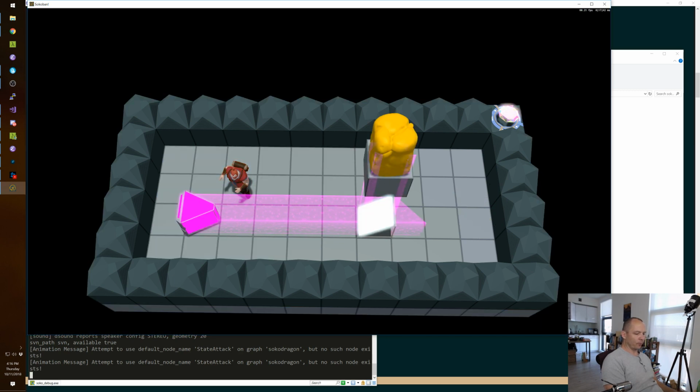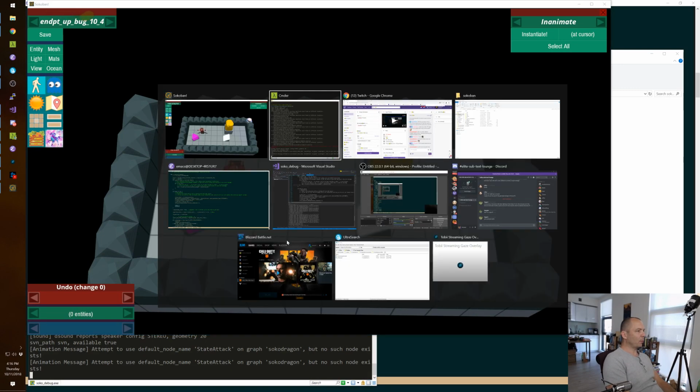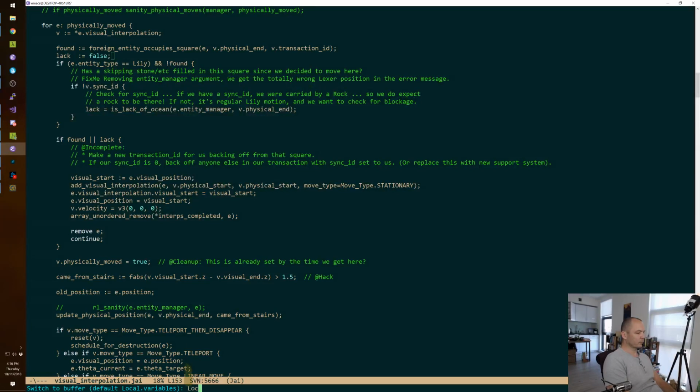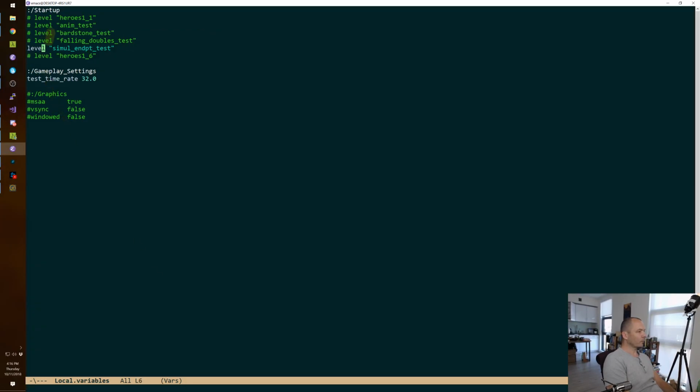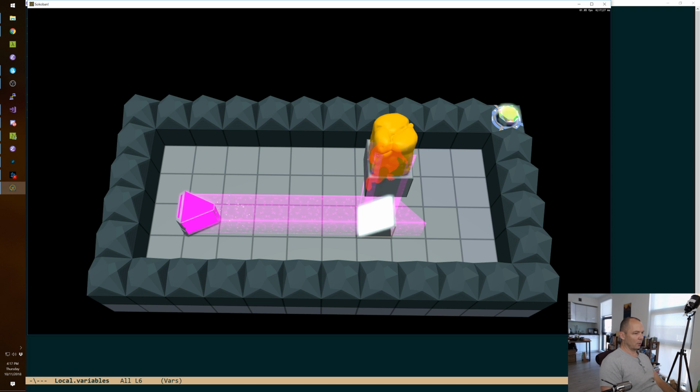Let's go in order. So this one is endpoint bug 10.4. Okay, and the endpoint is not considered blocked, very strangely.